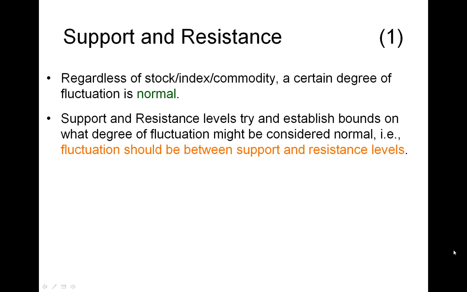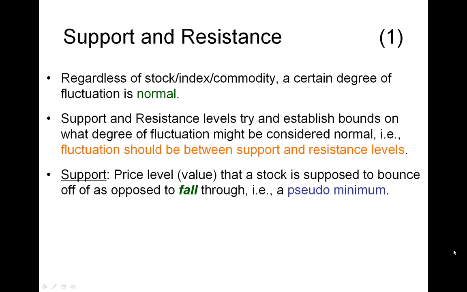And of course, we can fluctuate both up and down, up in the sense that the value can rise, and down in the sense that the value can fall, and therefore we have two different bounds on the fluctuation, and these are known as the support and resistance levels.